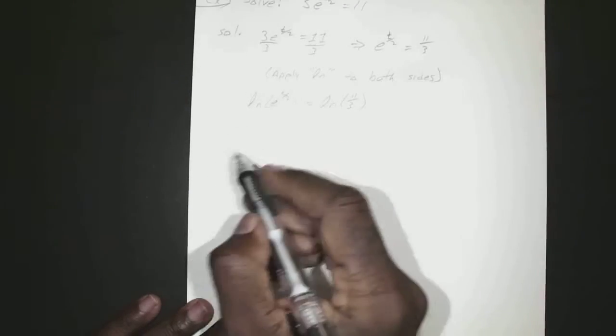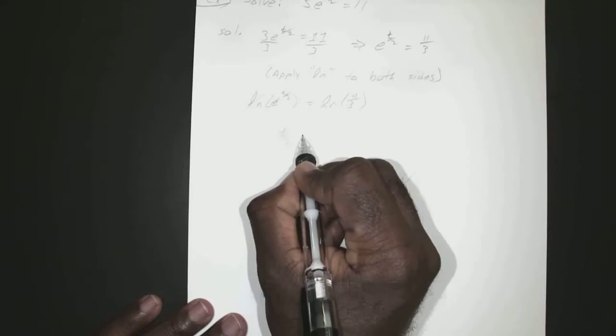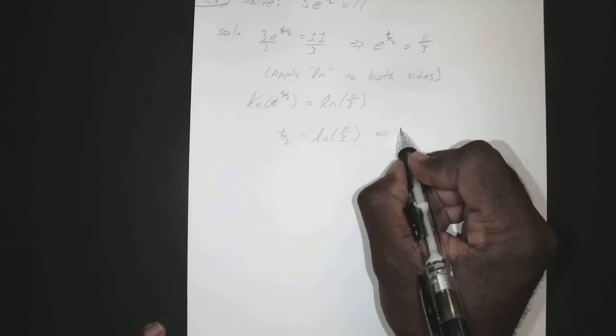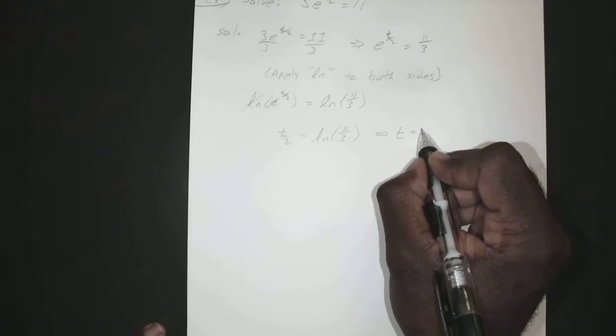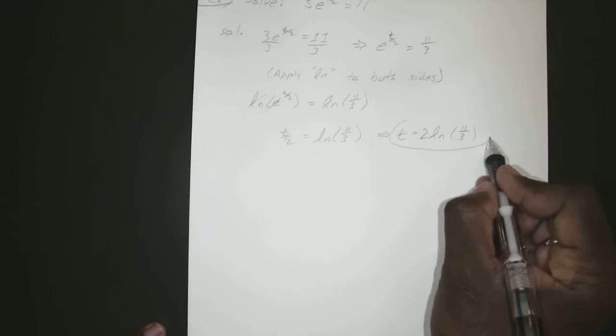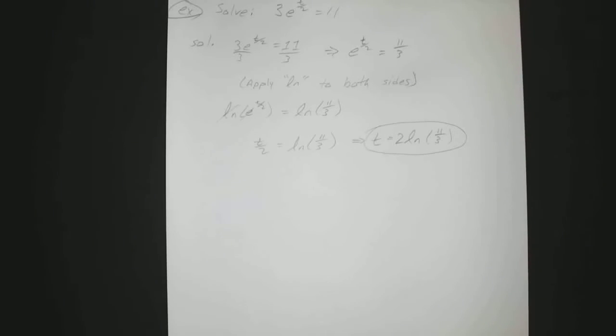So that gives us t over 2 equals the natural log of 11 over 3. And we multiply both sides by 2. t is equal to 2 times the natural log of 11 over 3. All right, so any questions on that one?